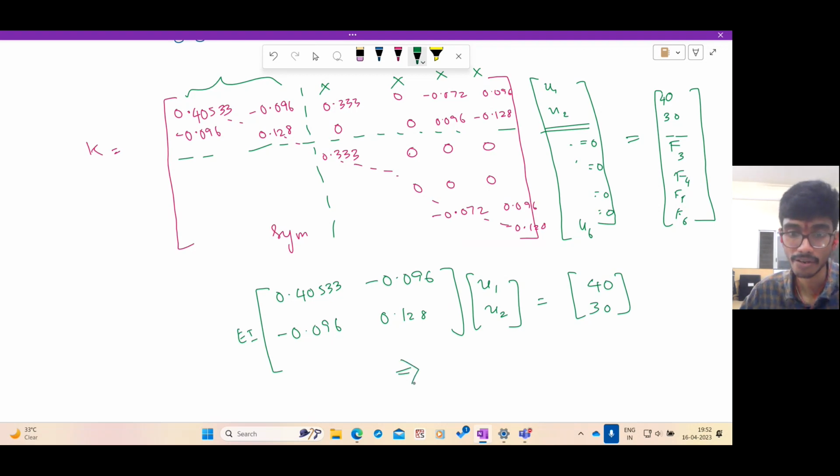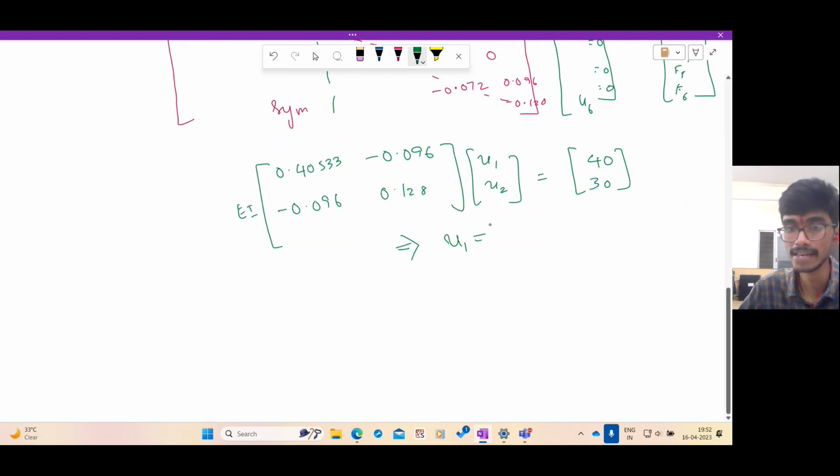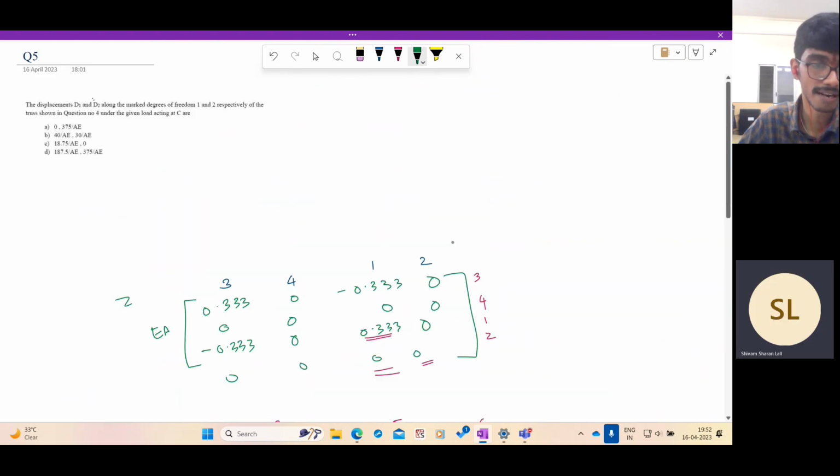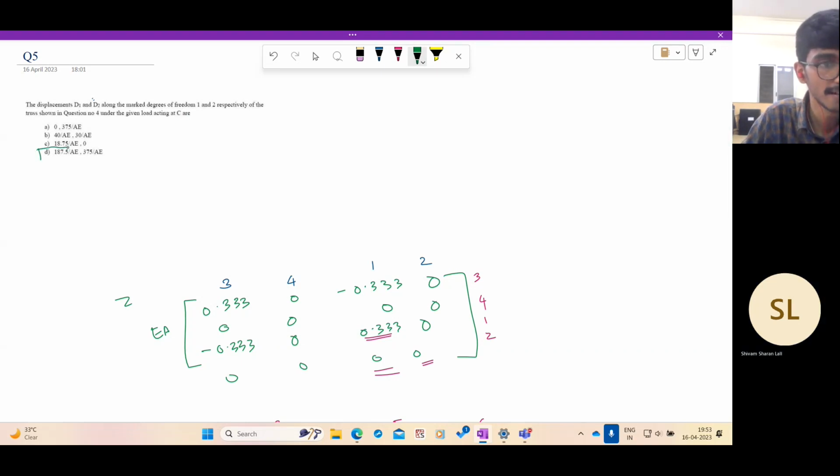You get U1 equal to 187.5 by EI, and U2 is equal to 375 by EI. So if you see what is asked, they're asking displacements D1 and D2 along the marked degrees of freedom. So 187.5 by EI and 375 by EI. So it's option D.